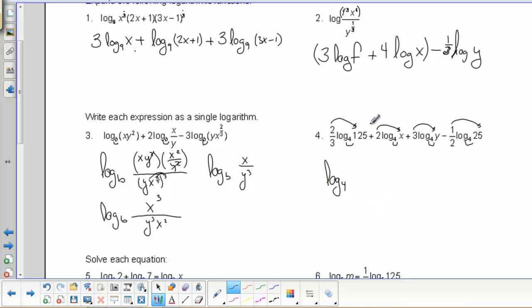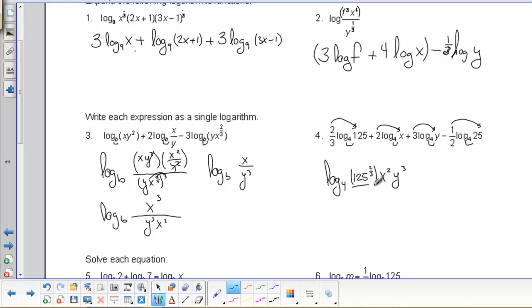Okay, now let's see what's happening here. Between the 125 and the x will be multiplication. So that's 125 to the 2/3 power multiplied by x squared. Between the x and the y, again, is multiplication, so that's going to be y to the third power.